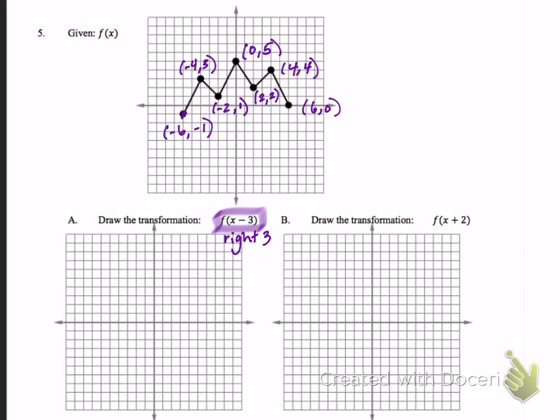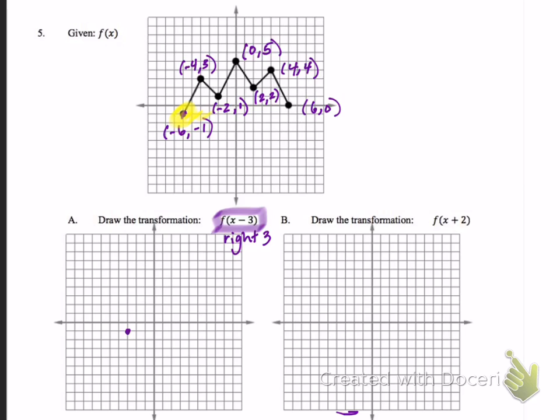So if I'm going to the right 3, if I was at -6, -1, my new point is going to be at what? -3, -1. I'm just shifting to the right 3. Like imagine taking this point right here and going over 1, 2, 3. So going to the right 3 points.